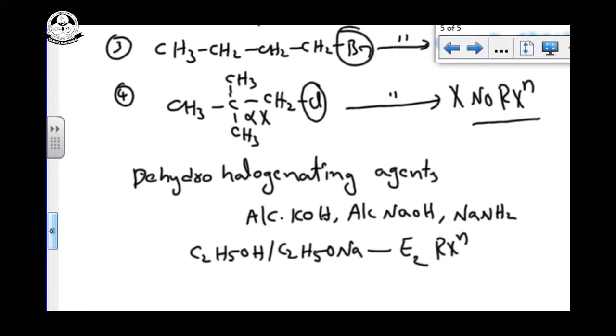Now, the third method of preparation, that is how to prepare alkenes from vicinal and gem dihalides.